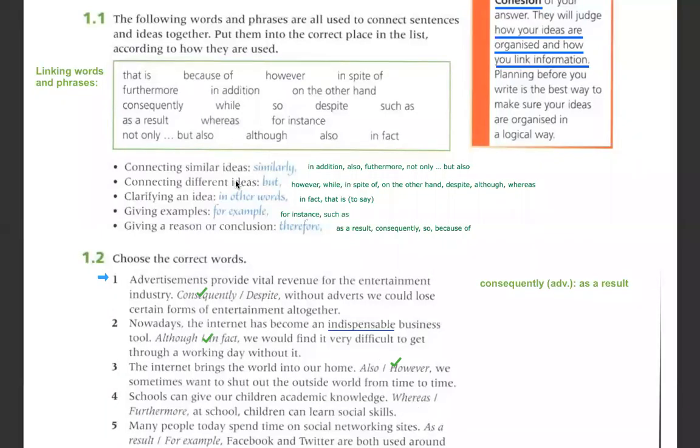So again, whereas is for a different idea, furthermore is for a similar idea. Okay, great. This is furthermore. So these ideas are similar.